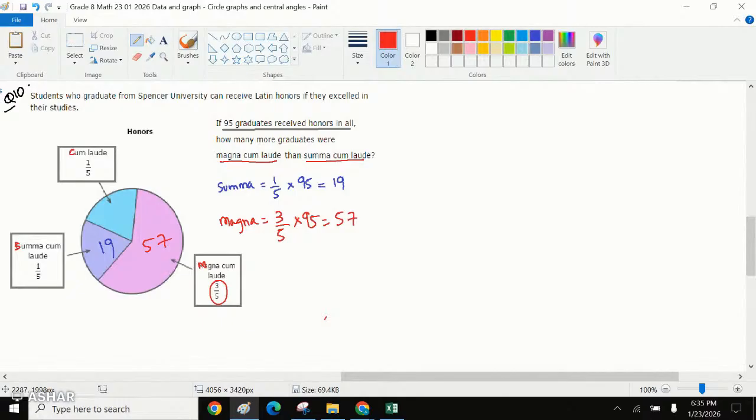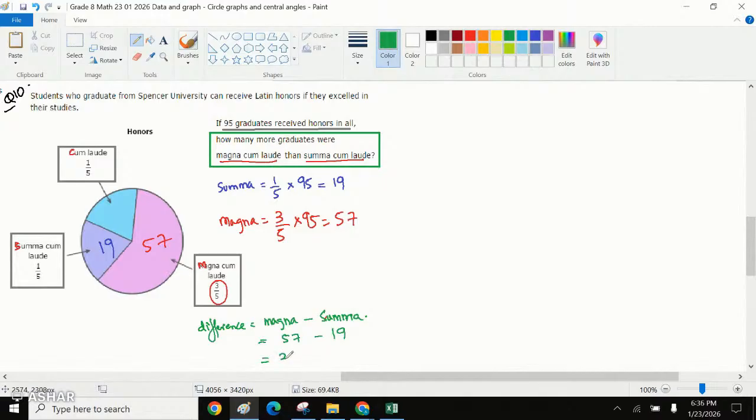The question is, how many more were the graduates, right? So the difference would be magna minus summa. So magna were 57 minus 19, and I think the total comes out to be 38.